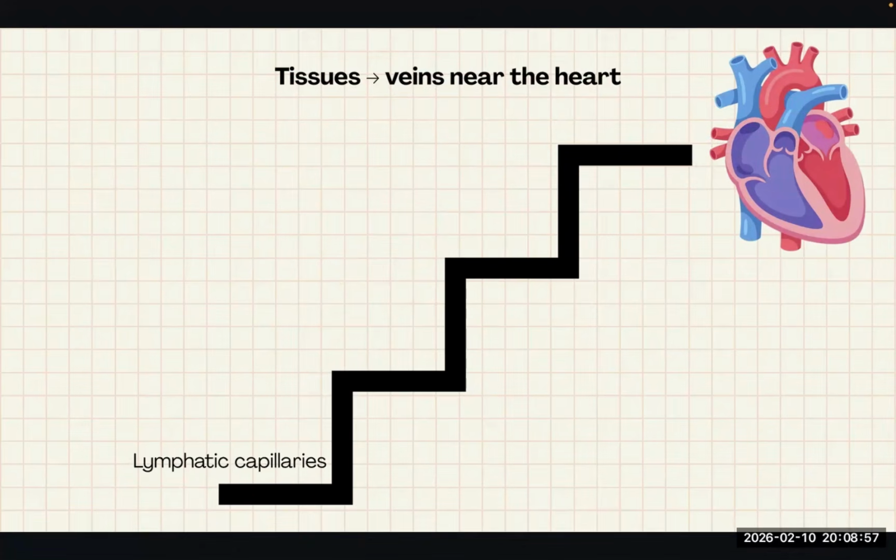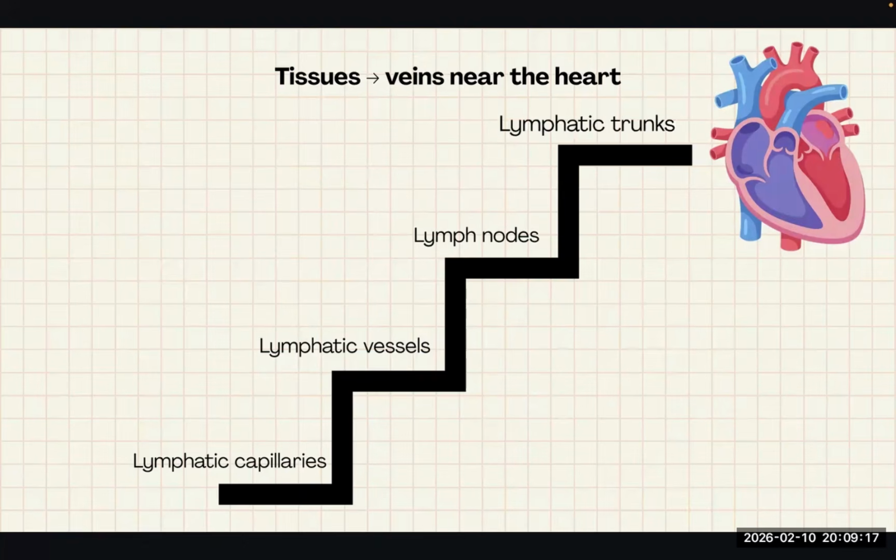They're basically the tiny collectors of the fluid within the tissue. Okay? Then we move on to lymphatic vessels, and these are a bit bigger, okay? And they have the valves, right? Then we move on to lymph nodes, and lymph nodes are considered the immune filters of the whole thing, okay? And last but not least, we have the lymphatic trunks, which are kind of like the highway that would take this lymph to the ducts, okay?